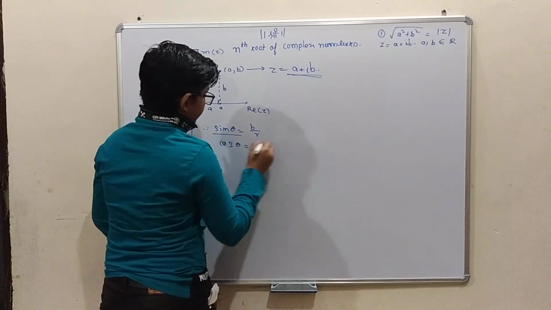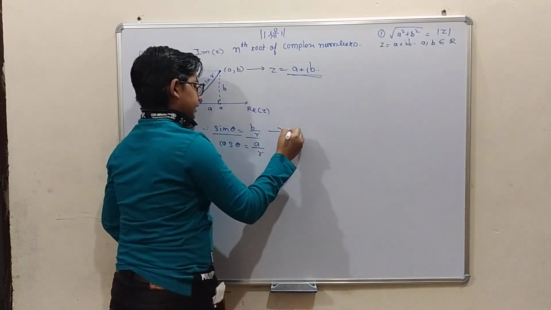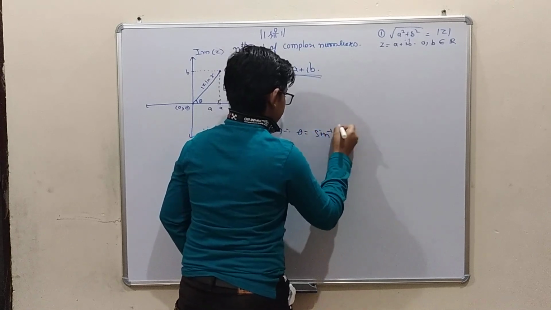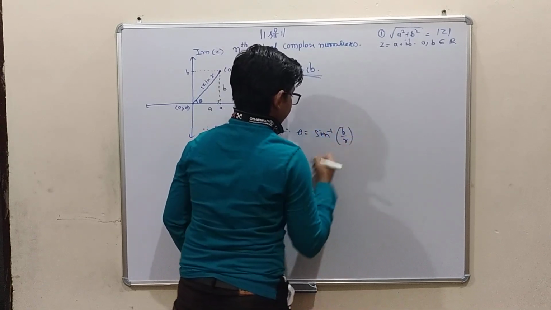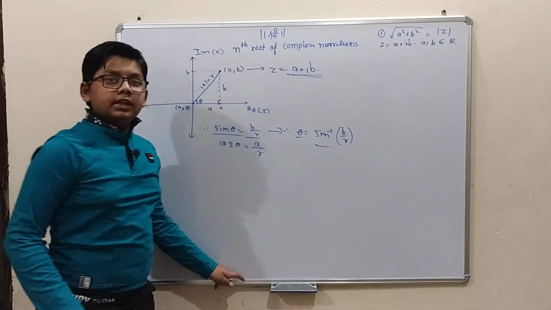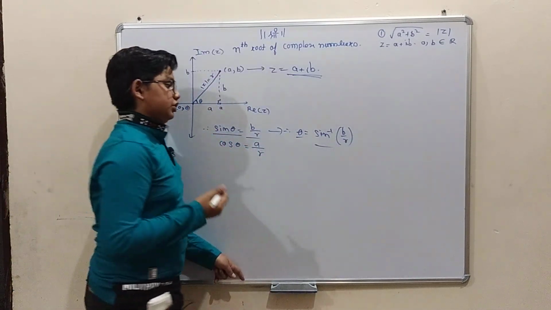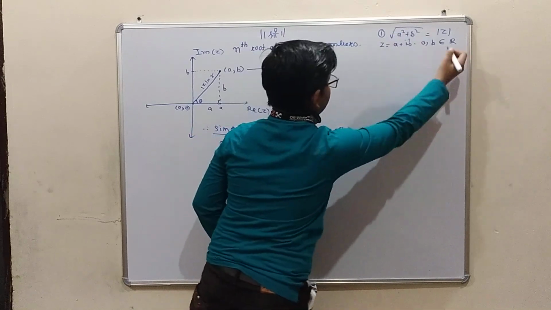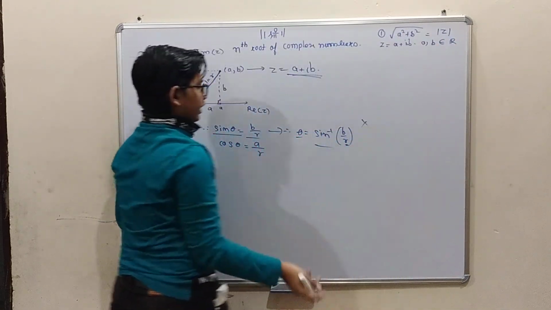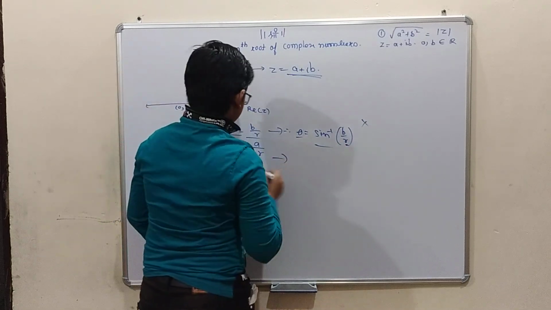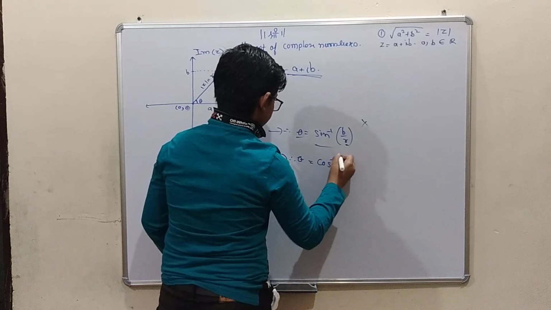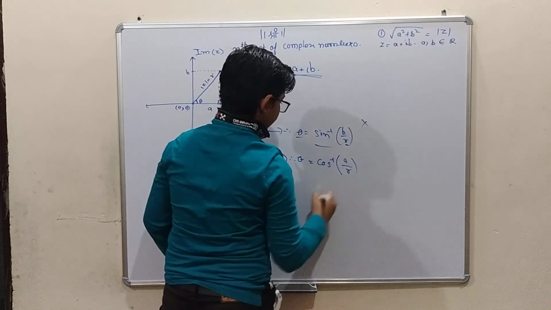Now if we take sin theta is equal to b by r, we get theta is equal to sin inverse of b by r. But if we take sin inverse to find theta, it will be a long procedure, because first we have to find mod of z, that is r. So it will be the wrong procedure, and we must not take this. Next we get theta as cos inverse of a by r.